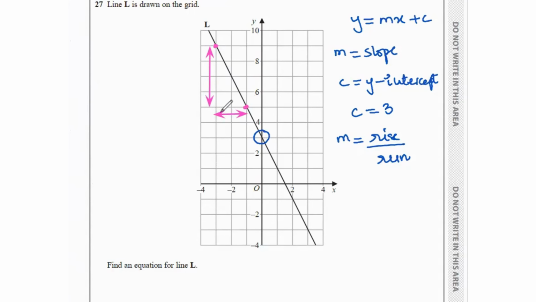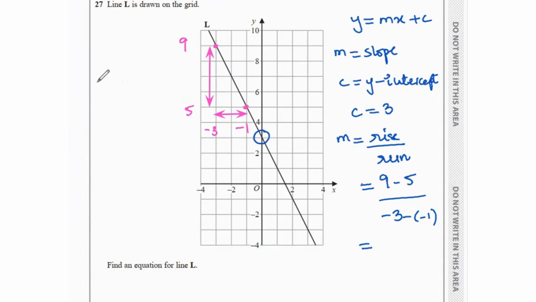Since we're going from 5 to 9 over here, and at this point, we're going from -3 to -1, we make this the start point. 5 to 9, we're increasing. So our rise is 9 minus 5. And for our run, it's -3 minus -1.